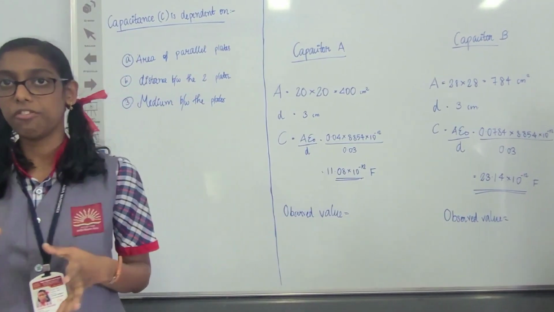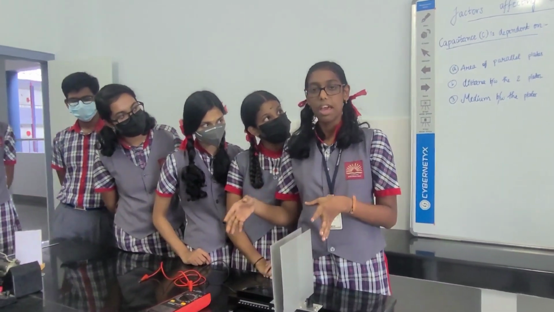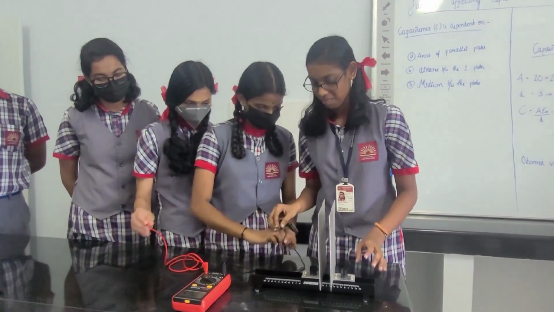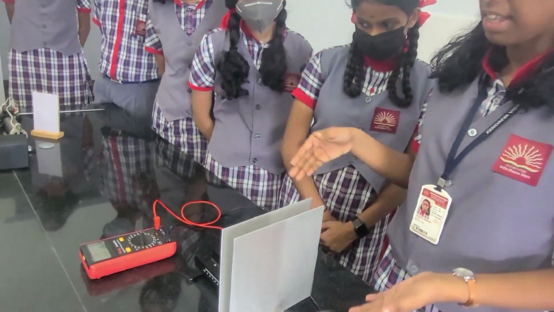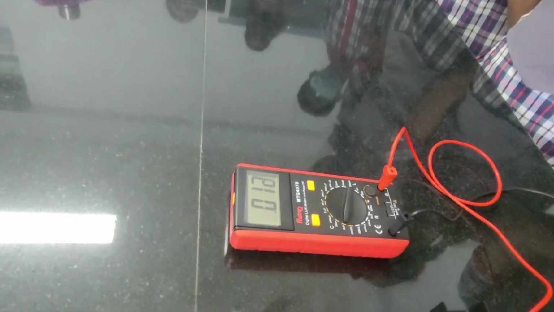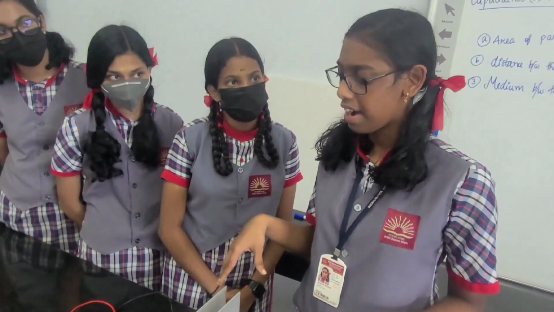Now we are going to find out the capacitance of this capacitor experimentally. For that we are connecting this capacitor to an LCR digital meter and recording the value. When we connect our parallel capacitor to the LCR digital meter, we get a value of 0.12, because we have kept the range in the nanofarad range.